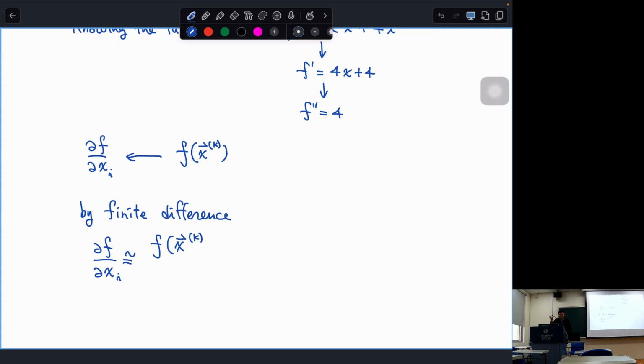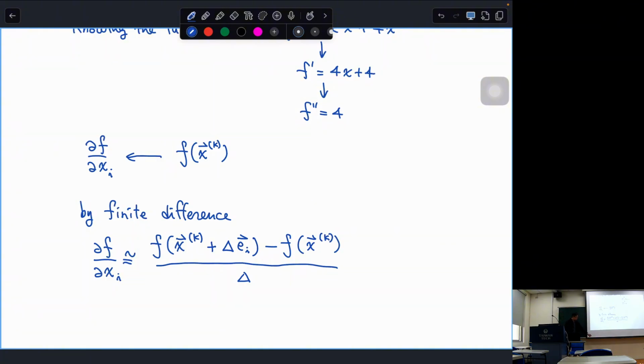K represent k value. So it's like by finite difference, what you can do is you can have a small increment on xi minus the function value at k divided by the small increment. This is basically the definition of derivative.